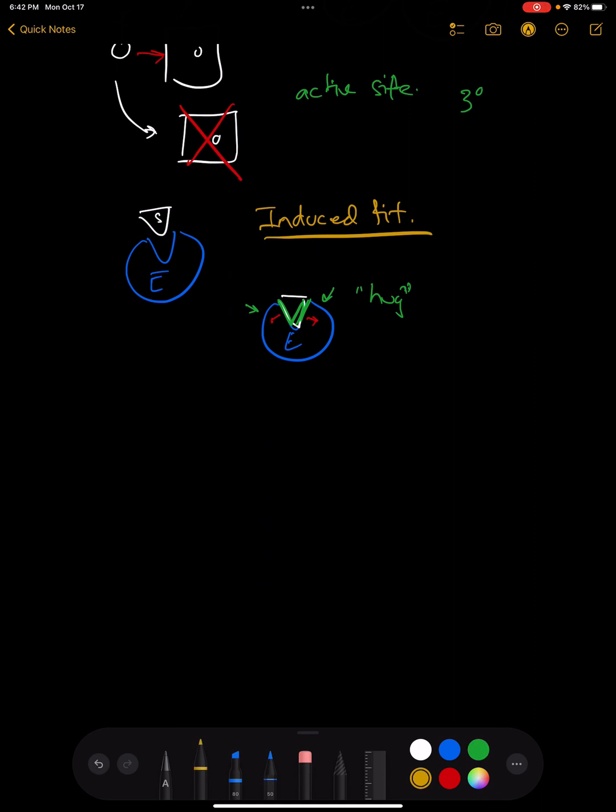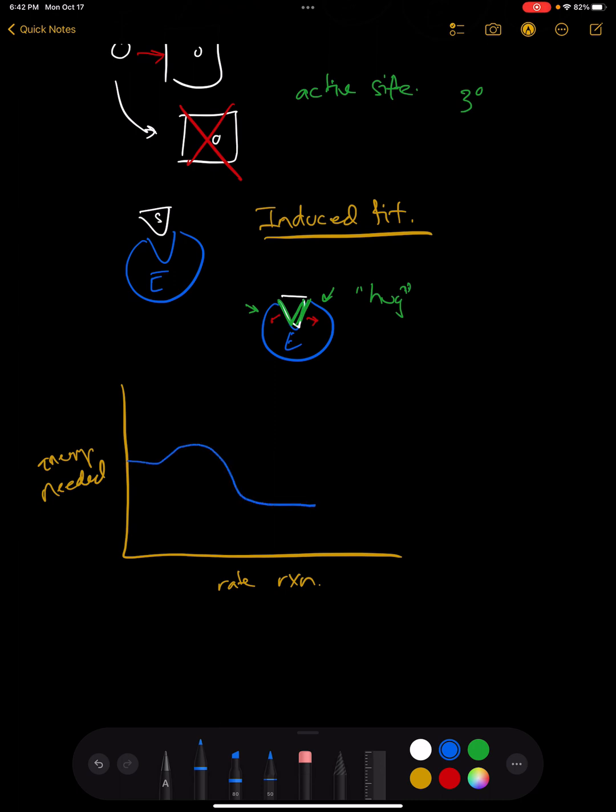If we wanted to draw a graph of this, we kind of did it with the hills. This would be the rate of reaction, and this would be energy needed. So let's do the first one in blue. Here's my starting point, and then that's the energy, and then this is where the products are formed.